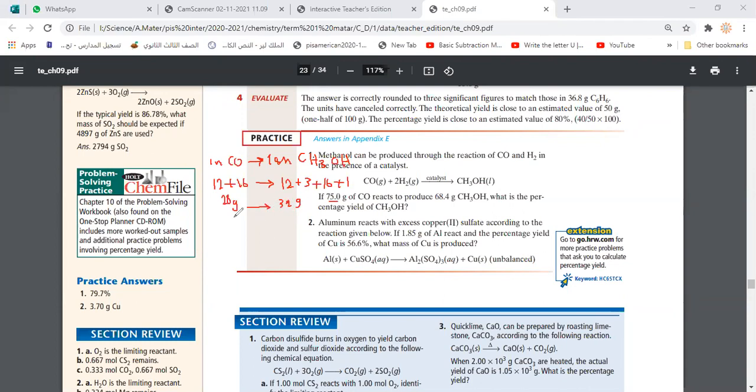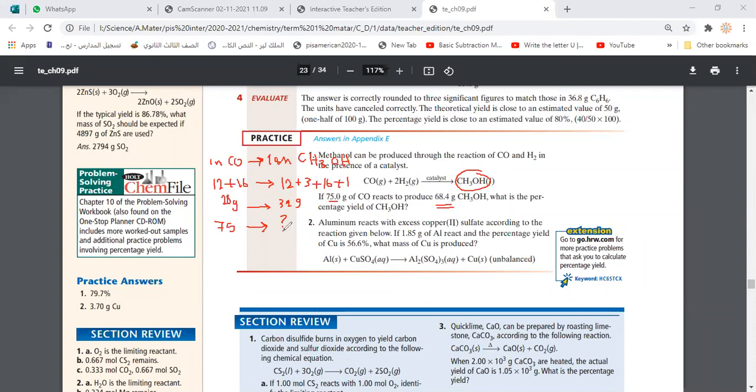So if we have 75 gram of carbon monoxide, how much do they produce? Wait, he wrote 68.4. That is what is produced, the actual yield. That's what you got.